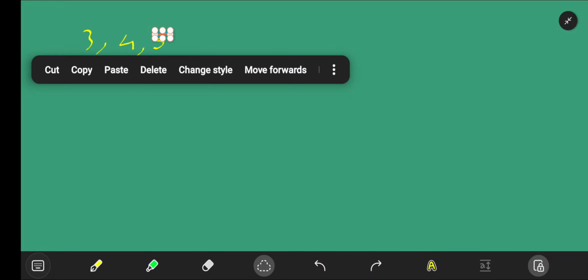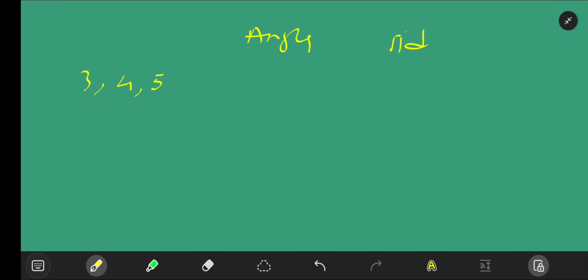Okay. Next, sides 3 comma 4 comma 5. I have given this. You need to say based on angles and based on sides.